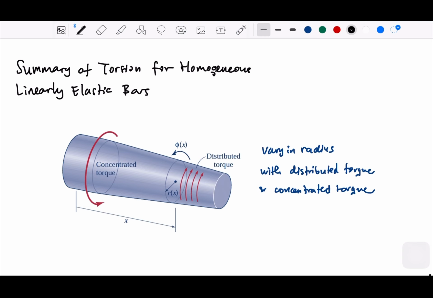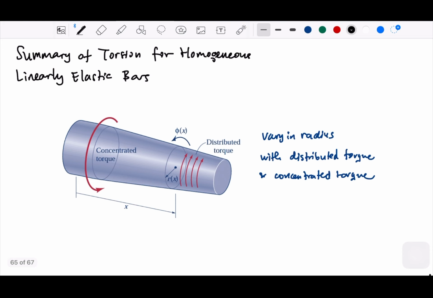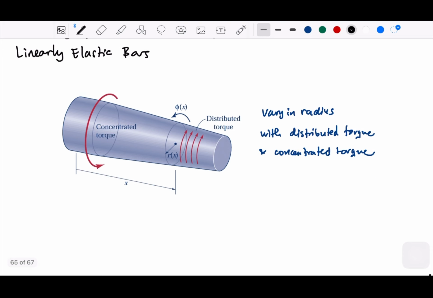Now, for the cylindrical torsion members whose radius varies, we can write the shear stress. As we see, it varies in length and also in radius, rho.